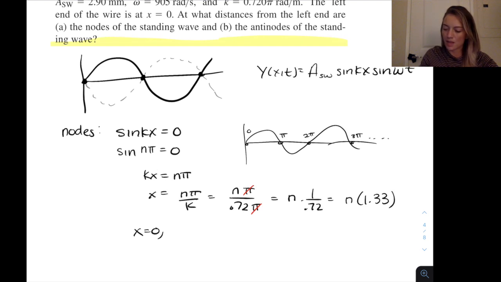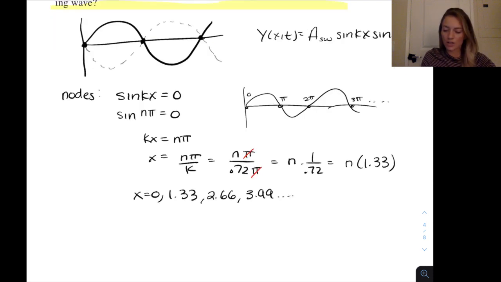Then x is equal to 1.33 is a node. Then 2 times 1.33 will be a node, so we'll have 2.66. Then 3 times 1.33 will be a node, so we'll have 3.99, and on into infinity. So those are the locations of our nodes.